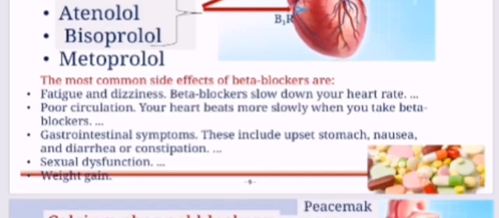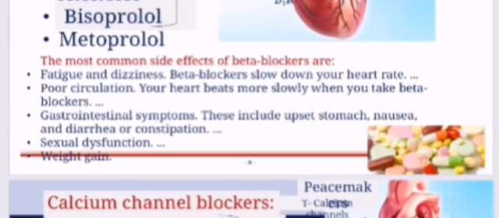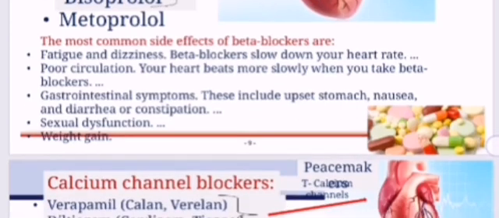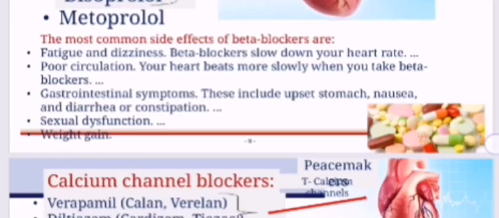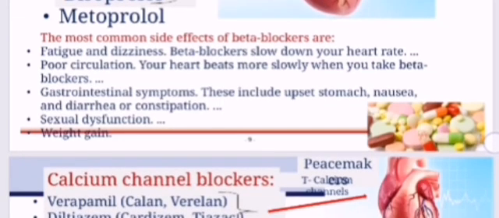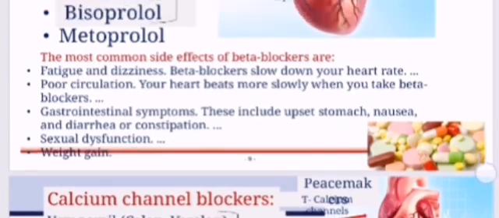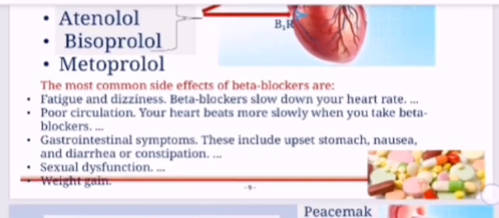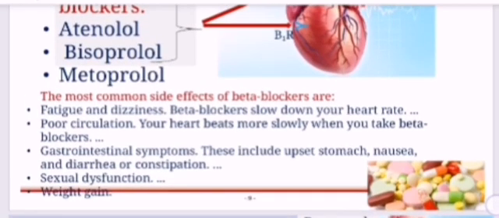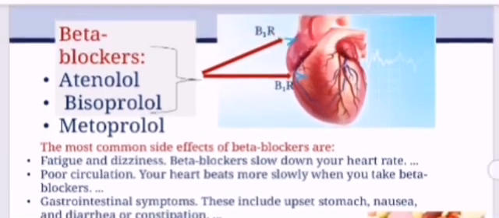Your heart beats more slowly when you take beta blockers. Gastrointestinal symptoms. These include upset stomach, nausea, and diarrhea or constipation. Sexual dysfunction, weight gain. These are the most common side effects of beta blockers.